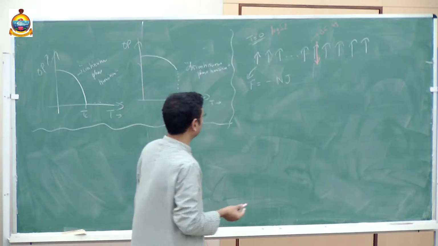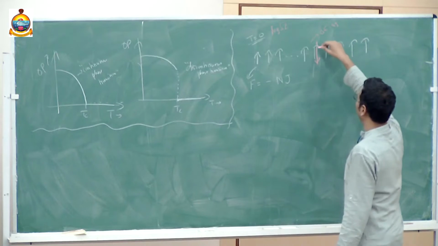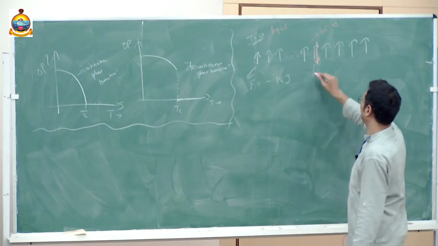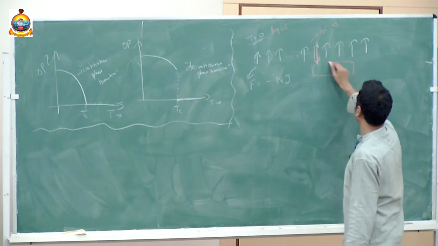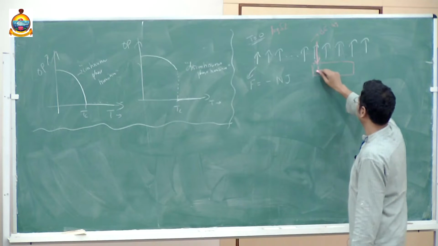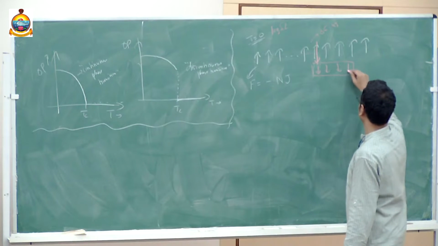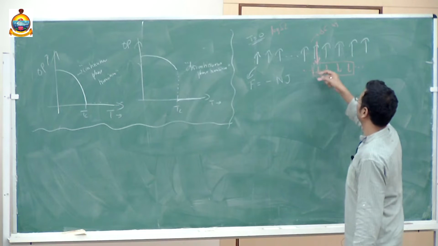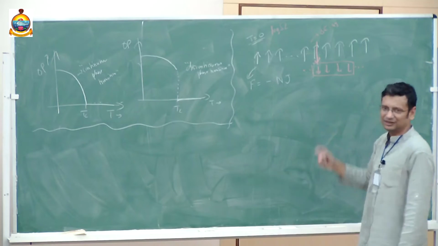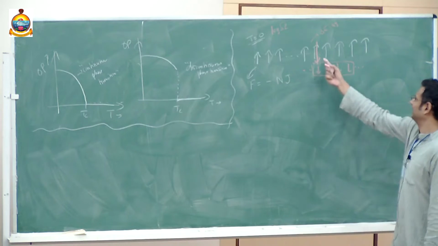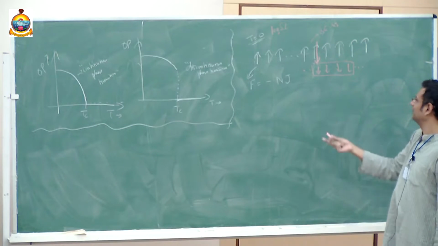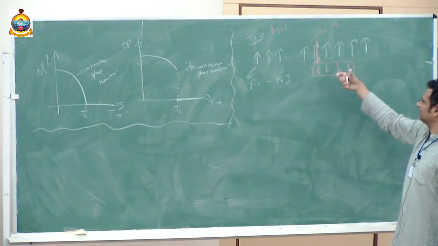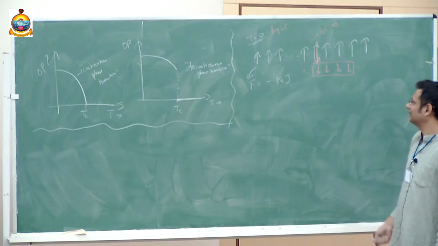But you see there is something else. There is no need to just flip one spin. I can in fact flip an entire block of spins here, like this. And I would still pay the same energy cost, because the energy cost just comes from these two ends. It doesn't matter if you flip one spin or an entire patch of spins together. It's exactly the same energy cost.